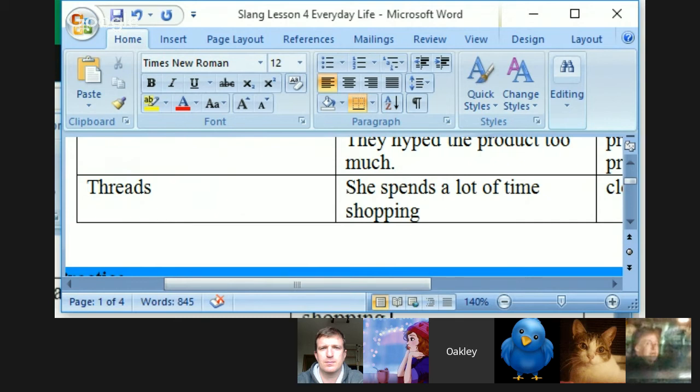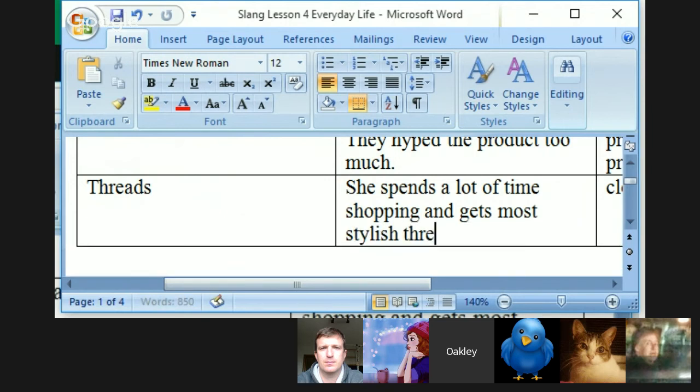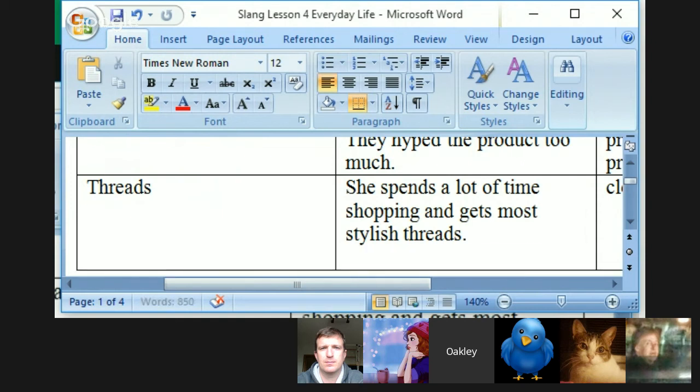Okay, she spends a lot of time shopping and gets more stylish threads. Not correct. Most stylish threads. Okay, I don't think this is usual, but I like it. She spends a lot of time shopping and gets most stylish threads. It's okay. I'm definitely not going to say that's wrong. That's a very creative way to say it.